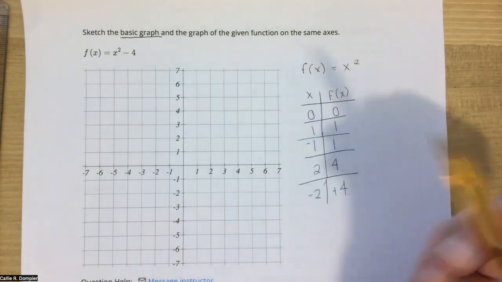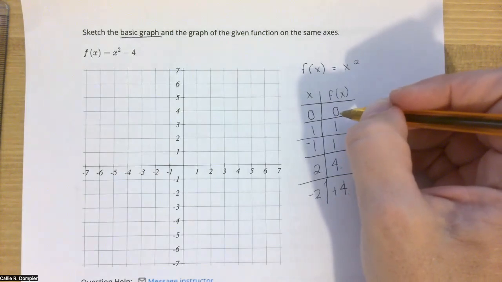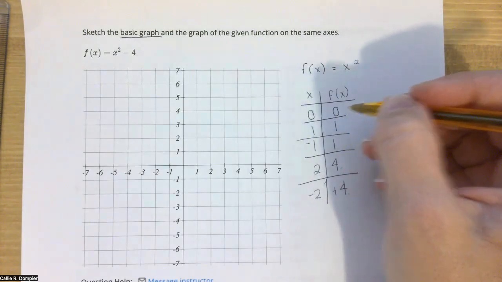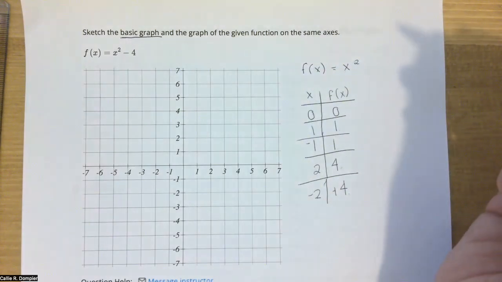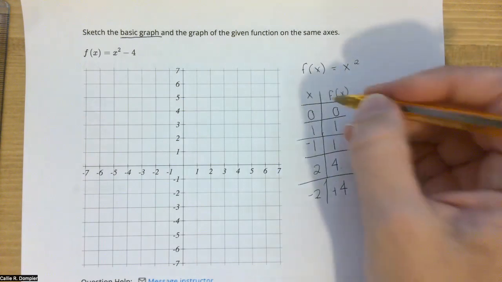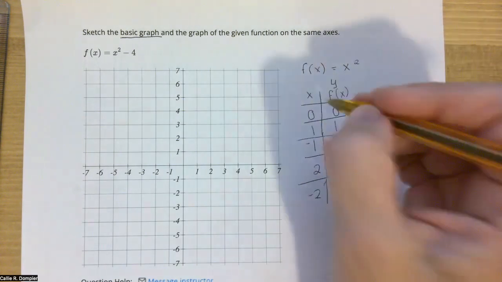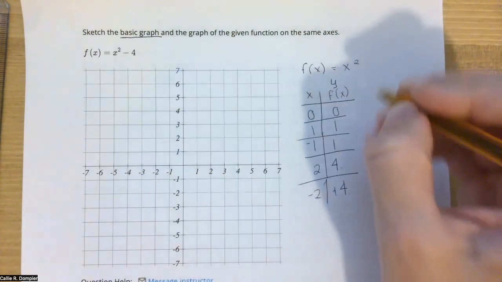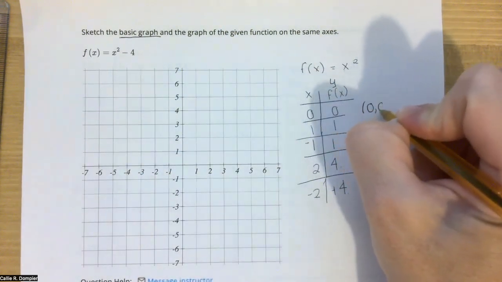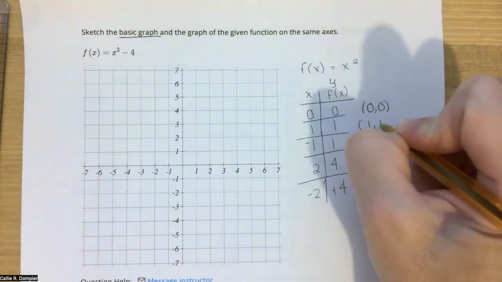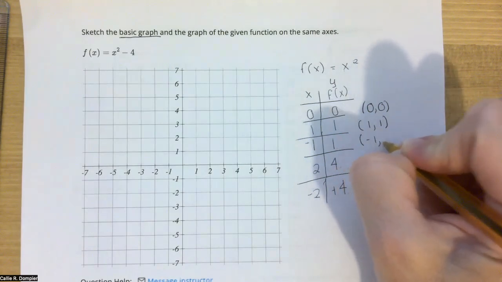And y is just f of x, right? Because if y equals x squared is a function, then we can replace y with f of x. So I was using those interchangeably. All right, let's graph this. So we have the point 0, 0. We have the point 1, 1. We have the point negative 1, 1.